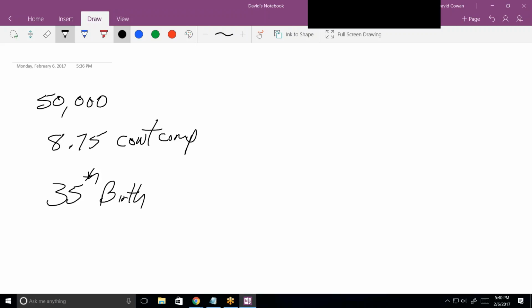All right. So what's your general formula? You always want to start out problems with the general equation. If this is continuous, then it would be A equals P e to the RT. Okay. So P is what?